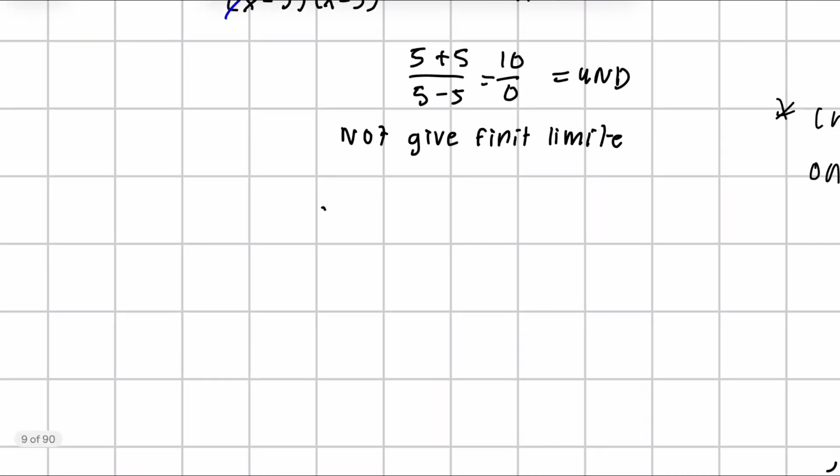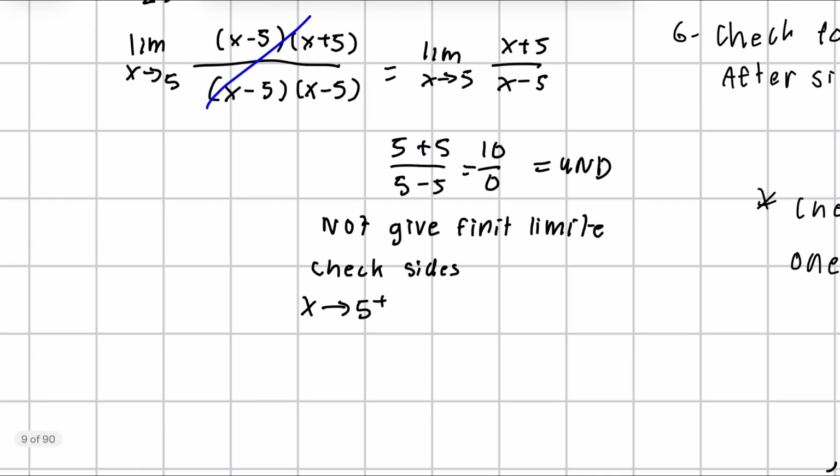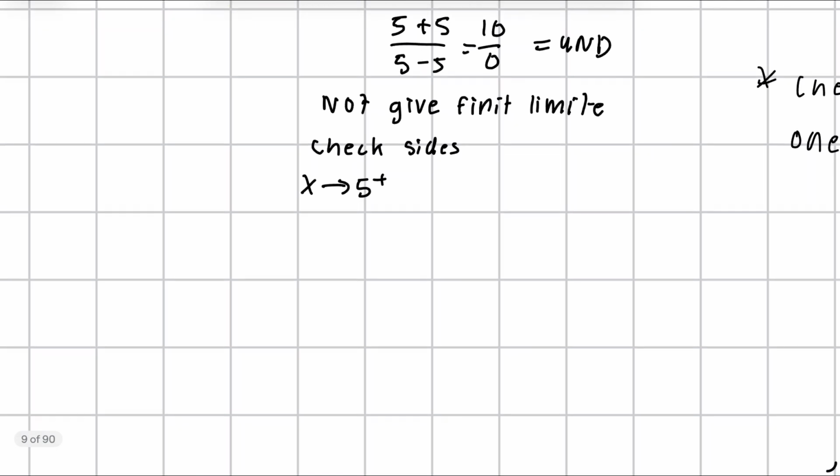So we have x approaches 5 from the positive side, because we can check the sides of this limit. Directly at the point, it may be undefined, but maybe we can see at the sides what's going to happen. So x minus 5 is greater than 0, so x plus 5 over x minus 5 is going to go to positive infinity.